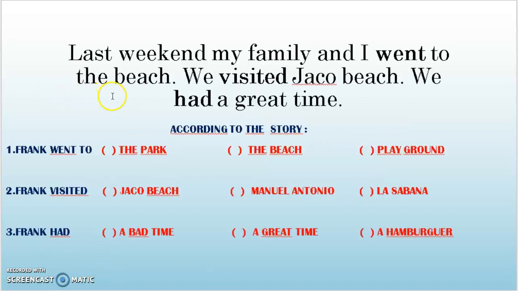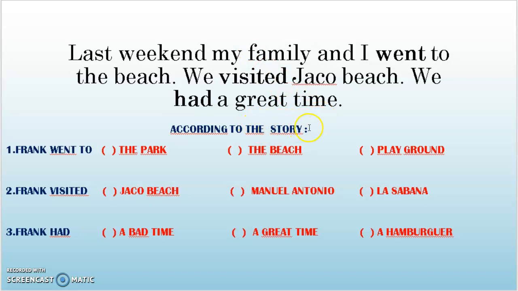Okay, so now if I have 2 or 3 sentences, how do we complete these exercises? So we have last weekend, my family and I went to the beach. We visited Jaco Beach. We had a great time.